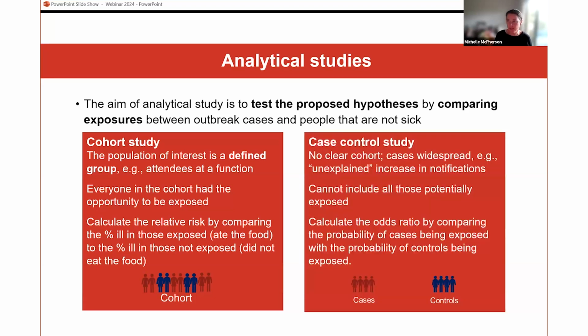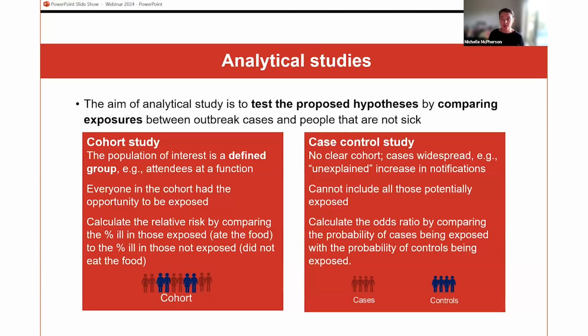The second type of study we do is a case control study, and we use these mostly when we don't have a big cohort, or the cohort is so large it's not practical to interview everybody. Or you've got cases widespread, an increase of cases throughout New South Wales. You're not going to interview the entire population of New South Wales, so a case control study is more appropriate.